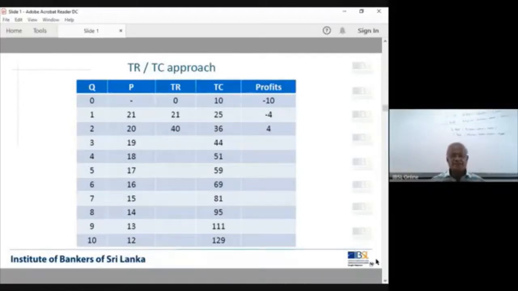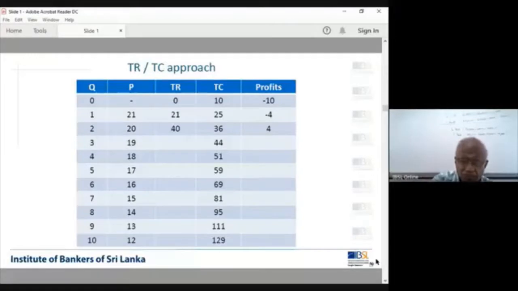Then 7 into 15 is 105. 105 minus 81 is 24. Right, like that, you get 27, 24.